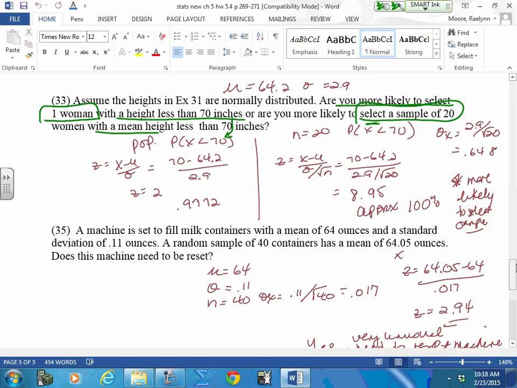Do you see the difference right here? One person at random from your whole entire population, and you're checking that person's height. Or versus, give me a sample of 20, let me take that mean and check that mean against our average height. Which one would be a more realistic view? The sample. Think about it.